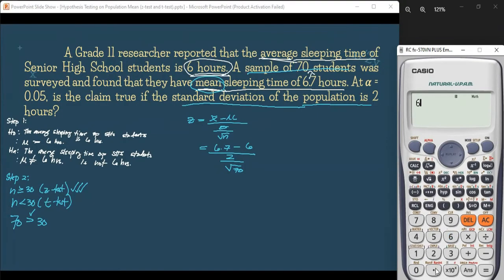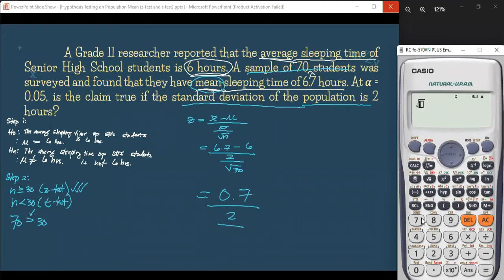So we have your 6.7 minus 6, that is 0.7. So pwede natin dito isulat na 0.7 divided by, so first, copy po natin si 2 divided by what is the square root of 70.